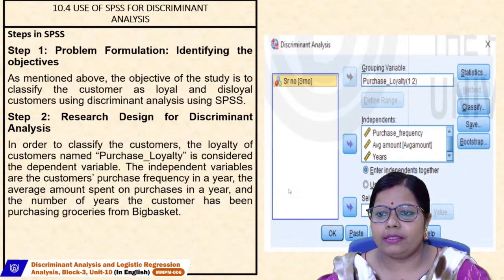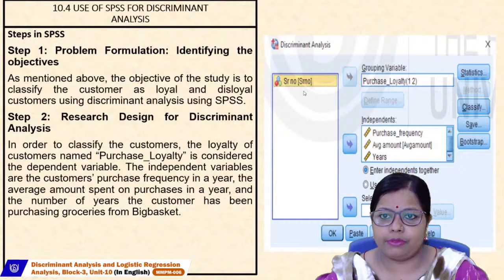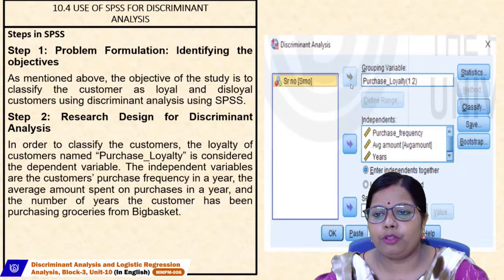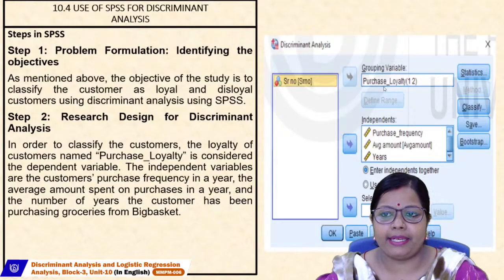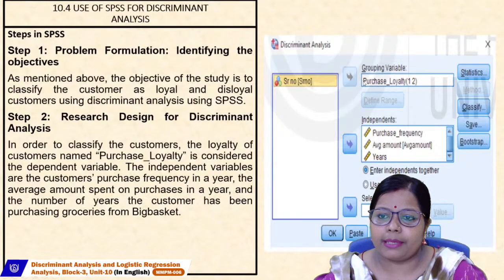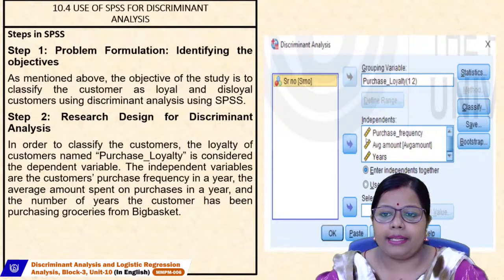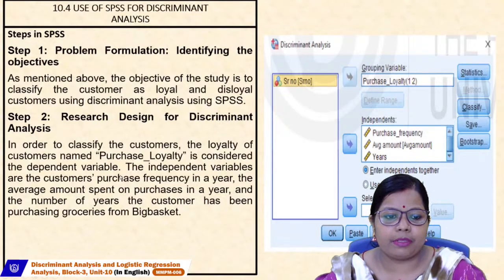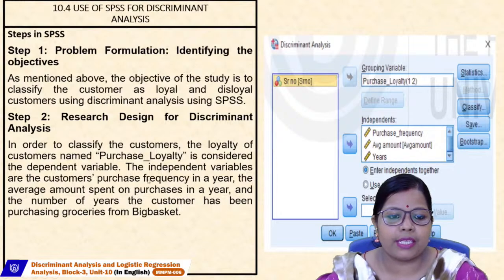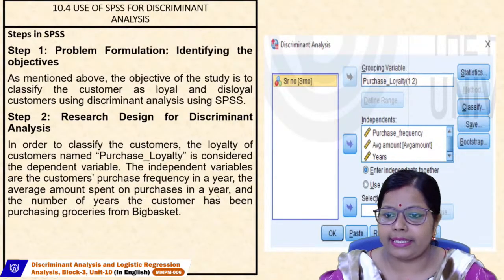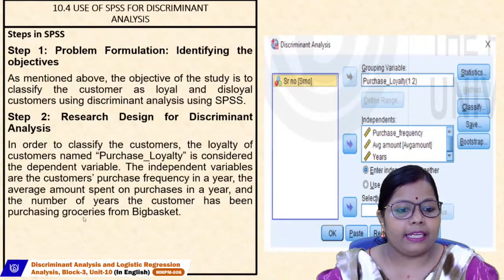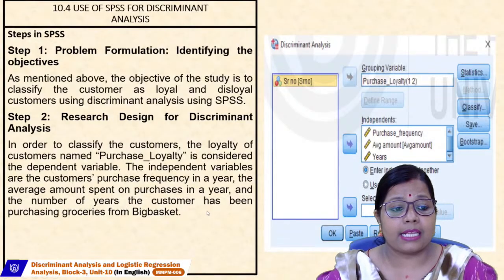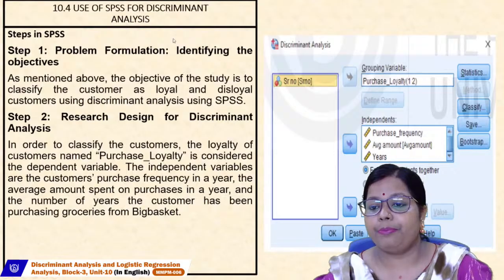So what we will do here now, after choosing all the variables from SPSS, we will put purchase loyalty, which is the dependent variable, in the grouping variable box, and in the independent variables, purchase frequency, the average amount spent on purchases in a year, and the number of years a customer has been purchasing groceries from Big Basket.